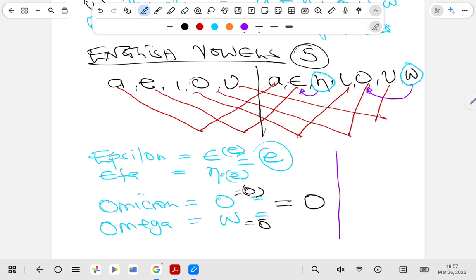The unique emphasis, then, is that epsilon, which appears here, and omicron, which appears here, these two are called short vowels, at least in Greek.